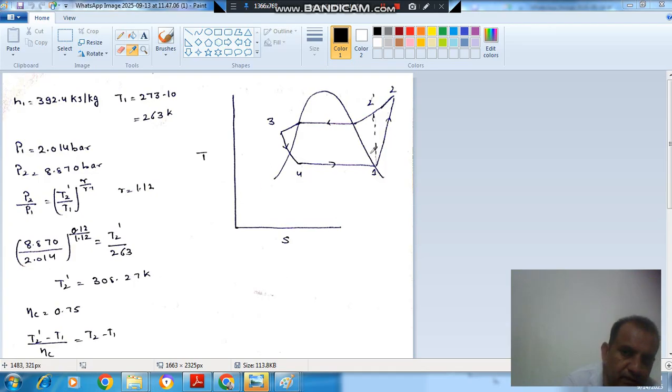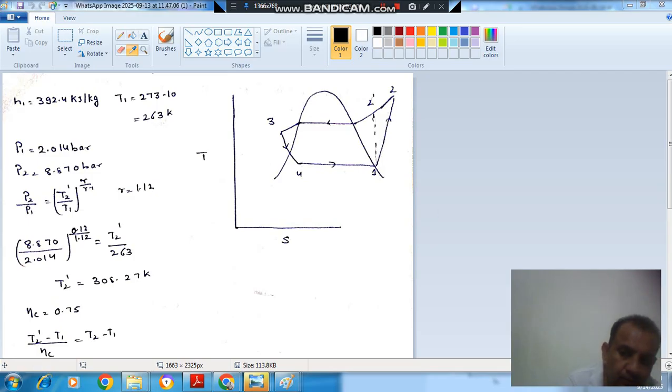The compressor efficiency is given, that is 0.75. Dividing the isentropic temperature increase by the compressor efficiency, we can get the actual temperature increase.